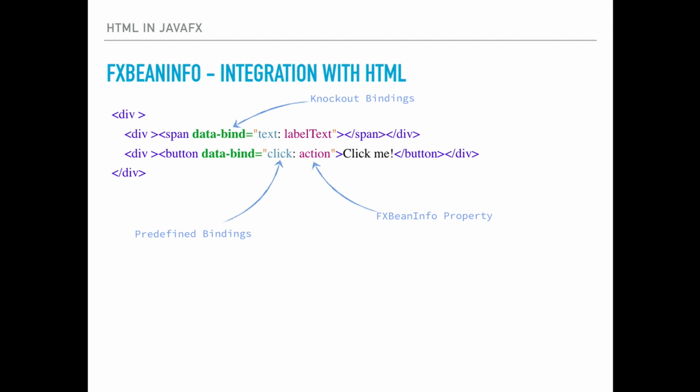So the text of the label is bound to the label text property, and the button click is bound to the action, named action. So this is how the wiring is set up. And then in the background, these bindings are automatically set up via the HTML loader, and you can use your application.